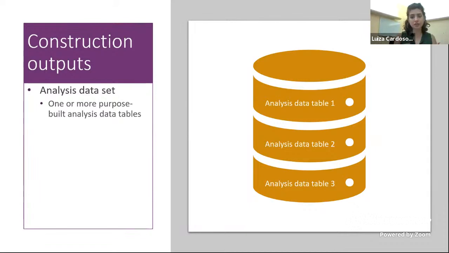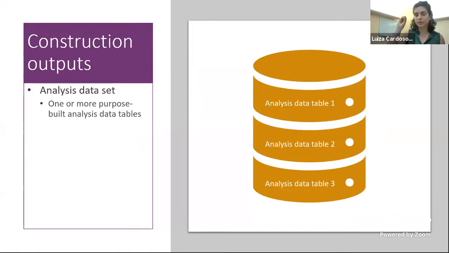But what we are interested in is analyzing the effect of the policy at the school level, because this is the level at which the policy was delivered. So we will probably be analyzing the results at the school level. That means that we'll be looking at the average test scores per school. So this is an example where the unit of observation, a student, is different from the unit of analysis, which is a school.